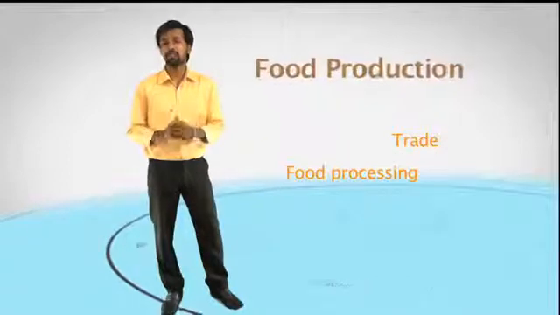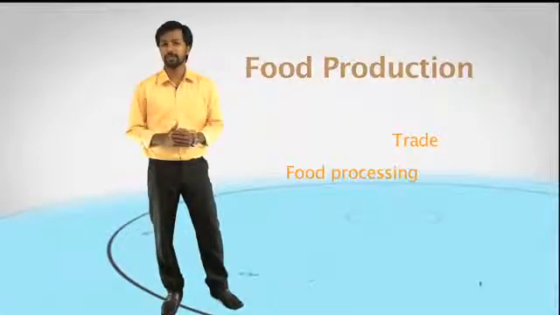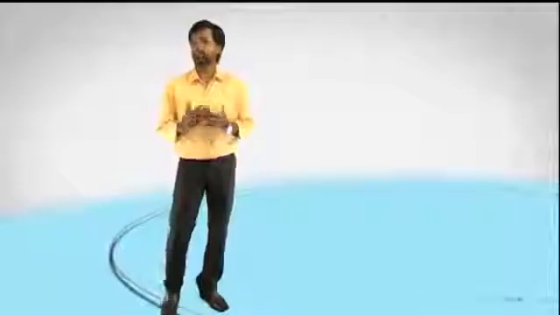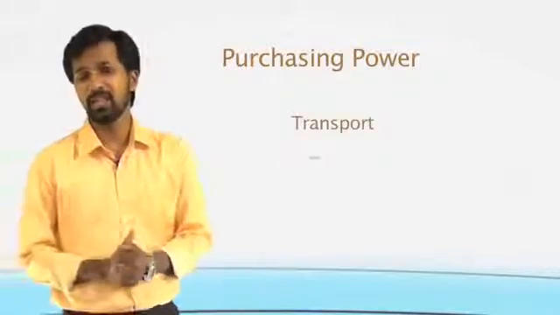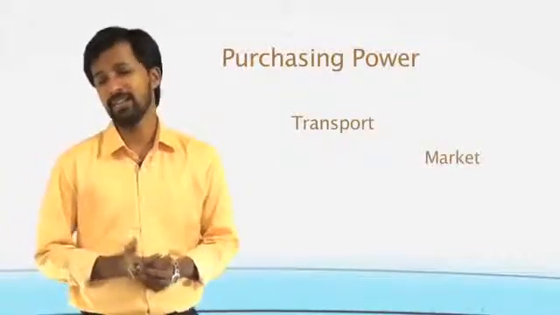Trade and food processing are also factors. Access is physical and economic access. It depends obviously on the purchasing power of the people. Moreover, transport and markets are also factors there.